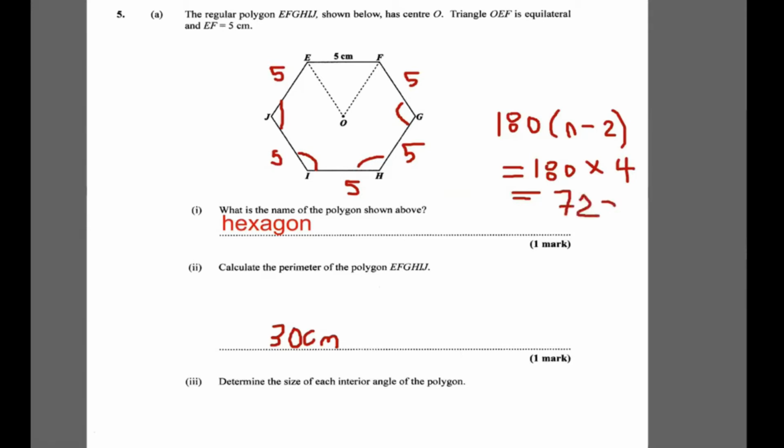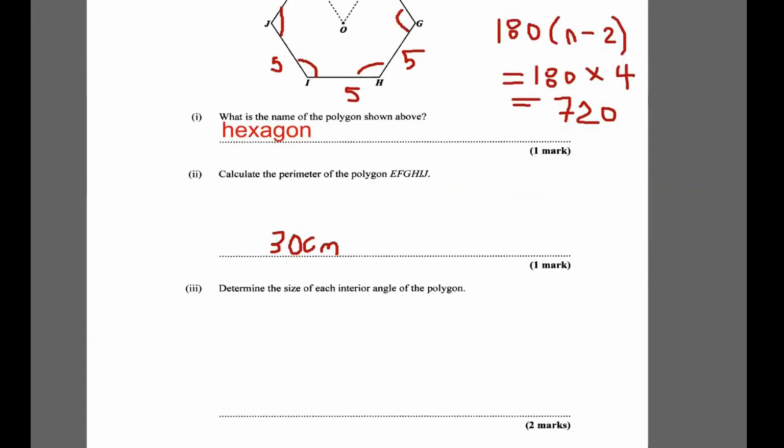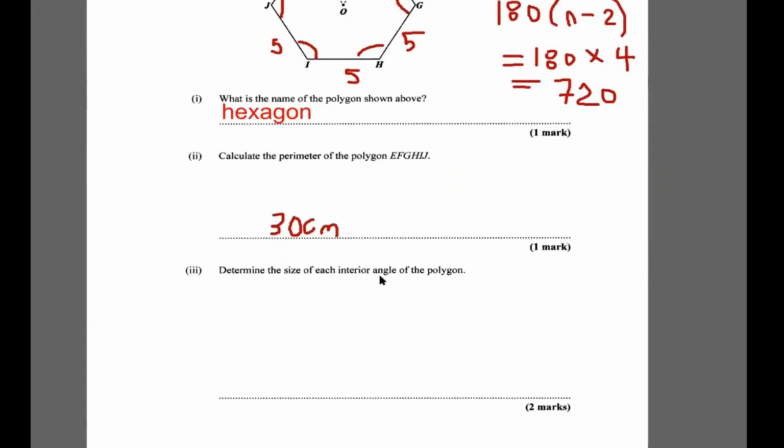Now, if the sum of the interior angles is 720 and there are 6 sides, then the size of each interior angle, let's call it theta, is 720 divided by the number of sides, which is 6.